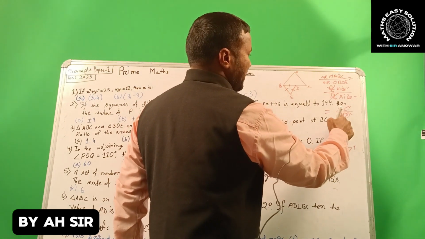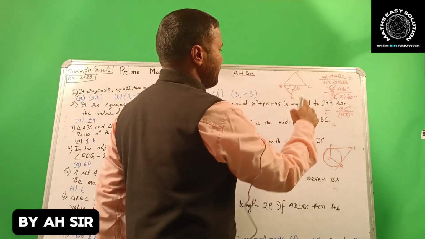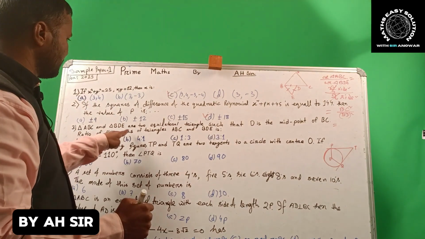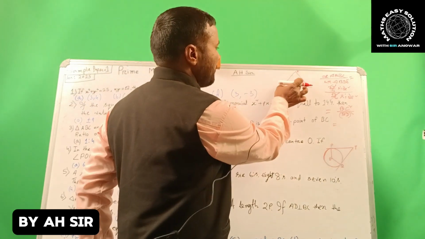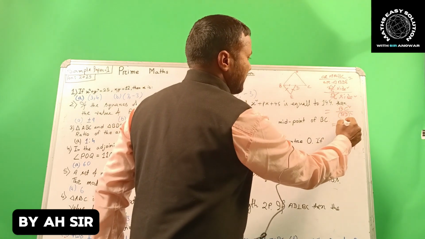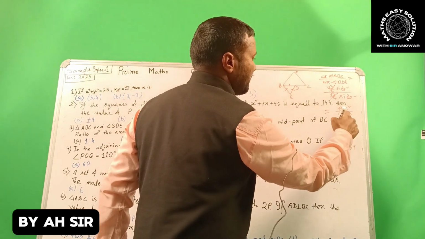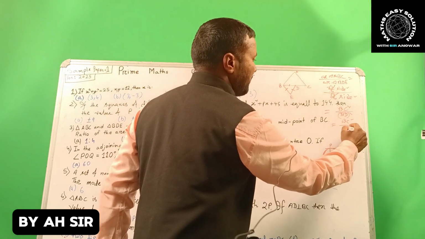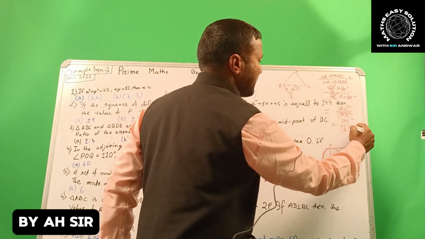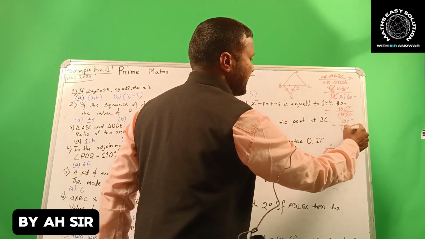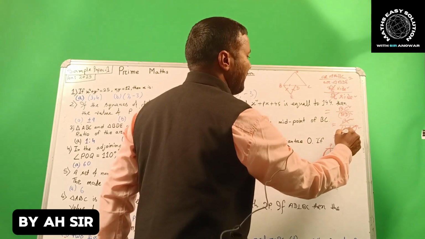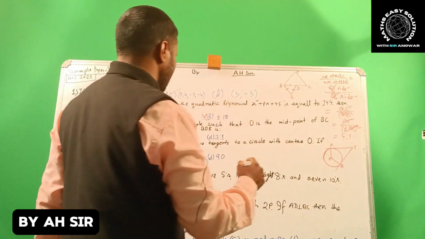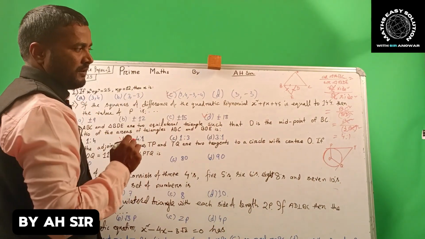Now BD is half of BC because they have mentioned here that D is the midpoint of BC. So in place of BD you will write half of BC. So BC will be cancelled here. Square will remain for the 2, it means 4 will go up. 4 is to 1. Answer is B.